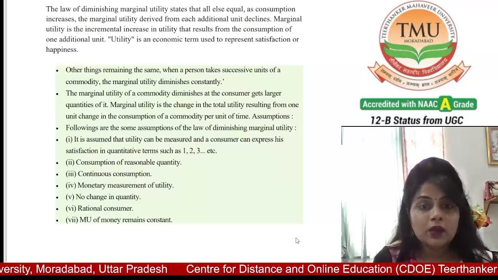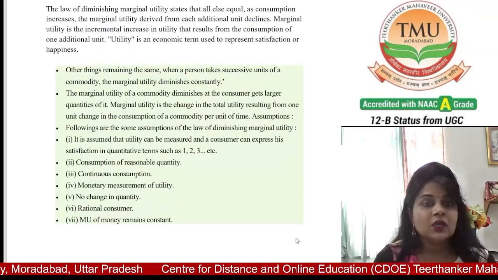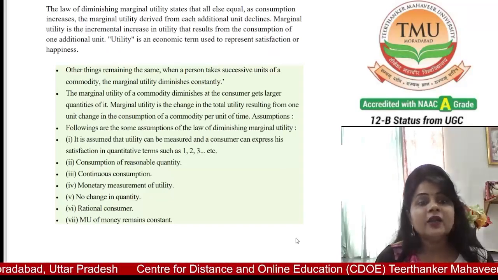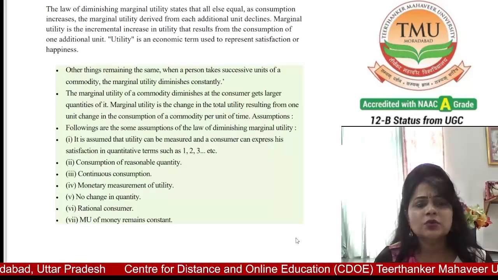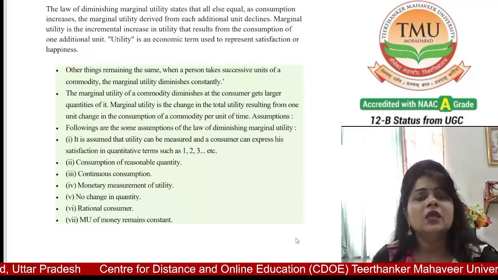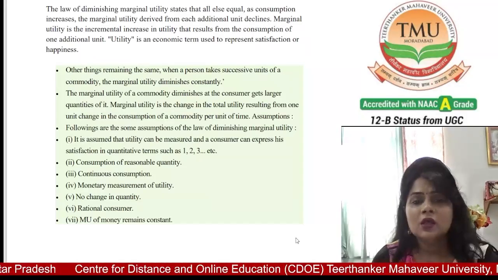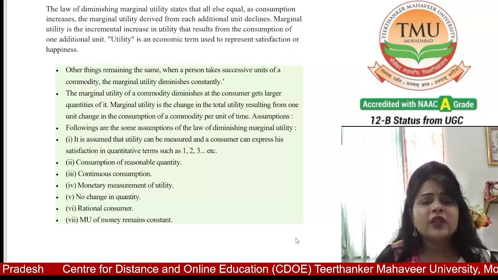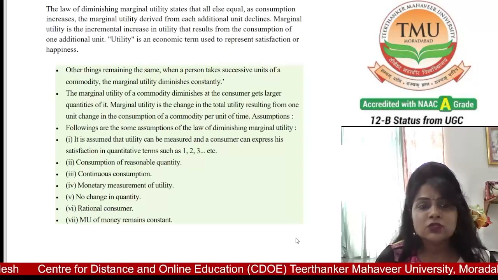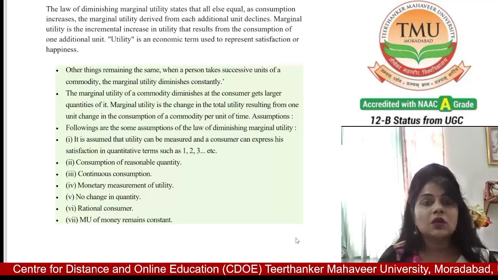This law is based on quantitative terms. Next is consumption of a reasonable quantity, with cardinal measurement of utility. It is assumed that the commodity is consumed in a reasonable quantity. For example, rather than comparing spoonfuls, one should compare glasses of juice.